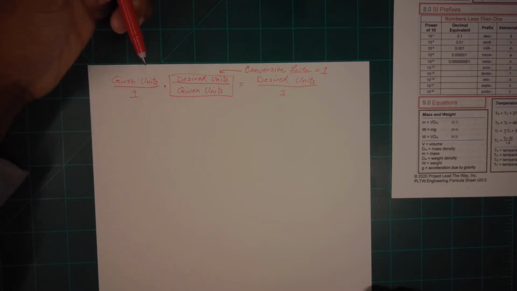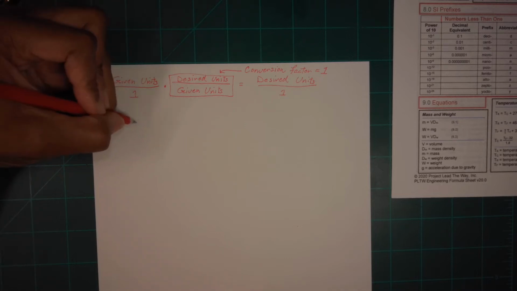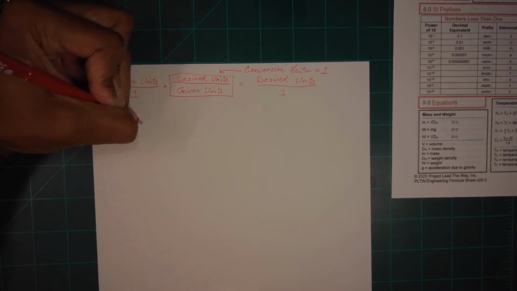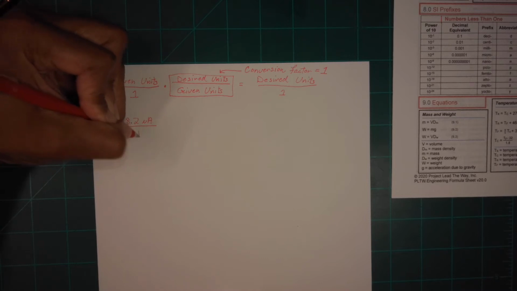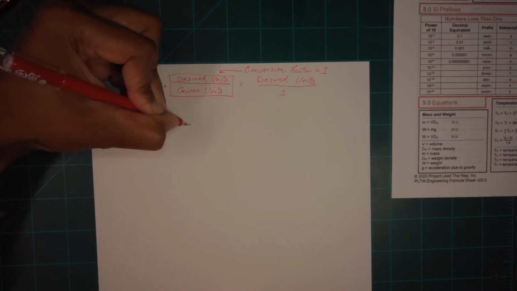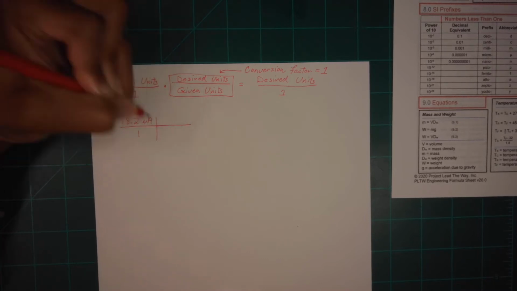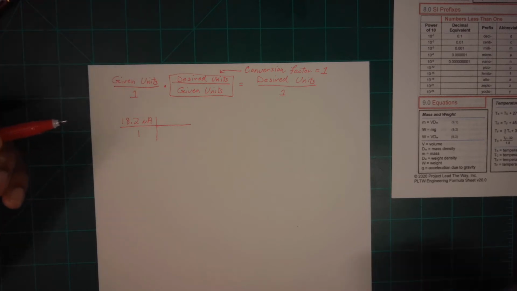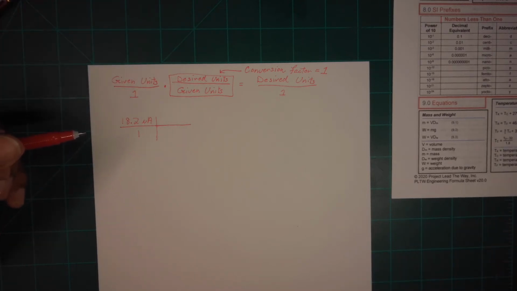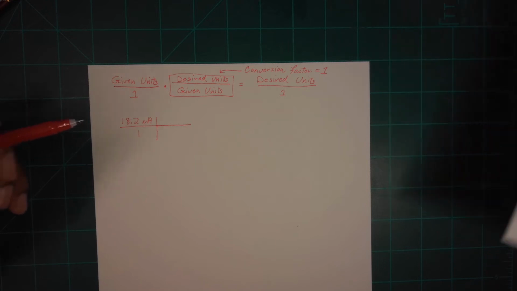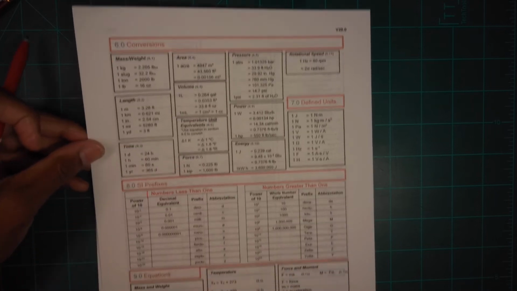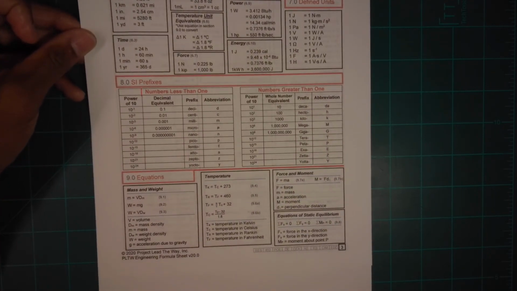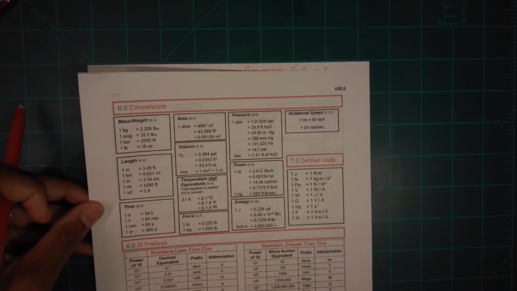So let's say I have 18.2 microamps. This is my given unit. I want to reference our formula sheet. If you take a look at page 3 on your formula sheet, that goes over conversions.